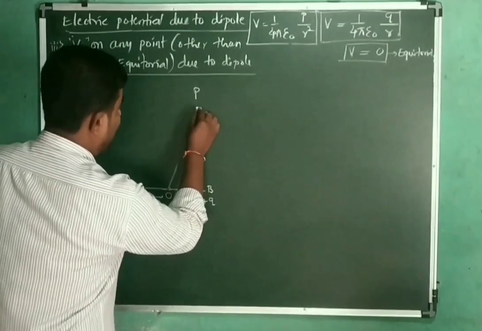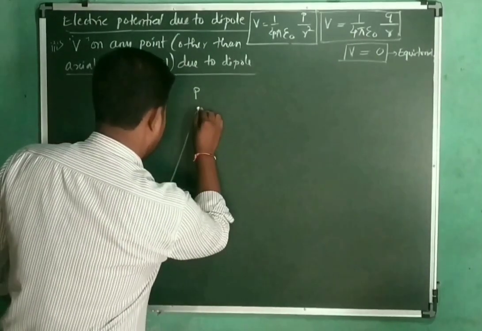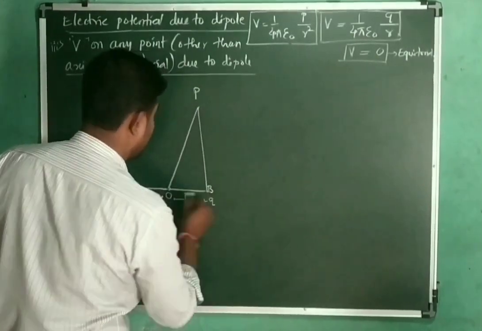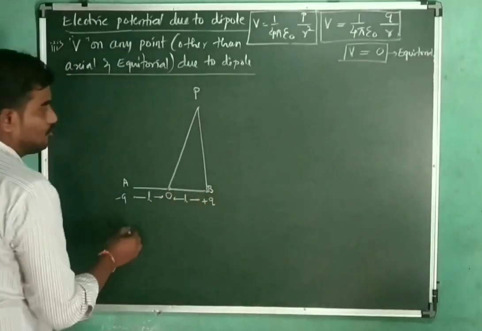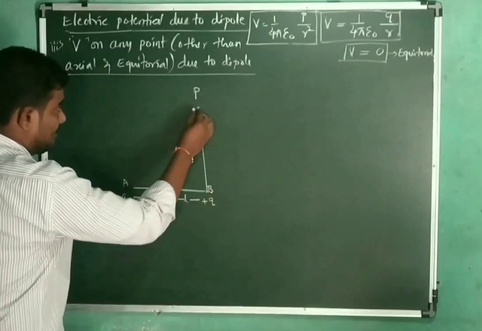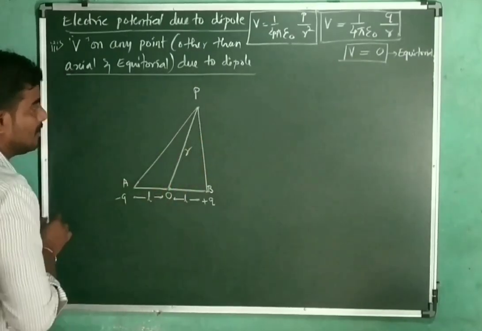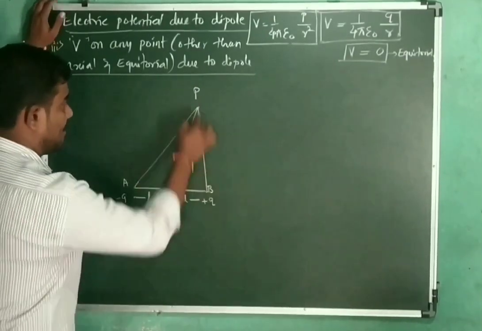This point P is at a distance BP, and this distance is AP. We should know the AP distance and the BP distance.